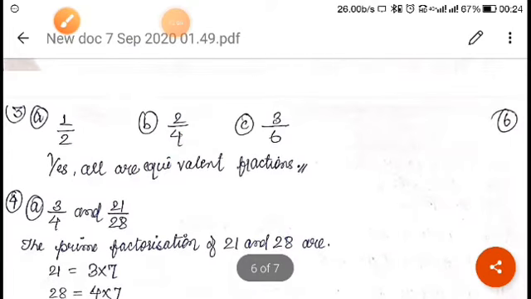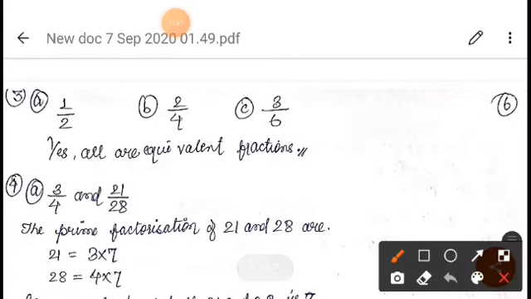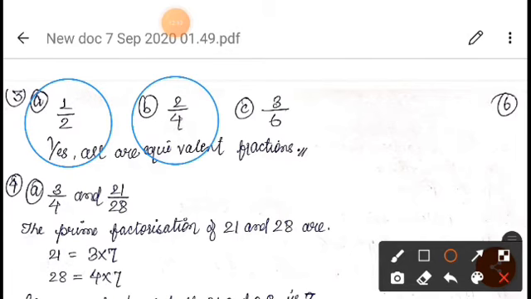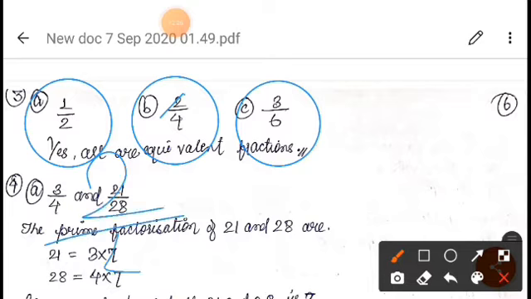So here you will get number 1 as 1 by 2, number 2 as 2 by 4, and number 3 as 3 by 6. Now the next part of the question is, are all these fractions equivalent? Yes, if you divide 2 by 4, 2 ones are 2, 2 twos are 4, so it becomes 1 by 2, right?